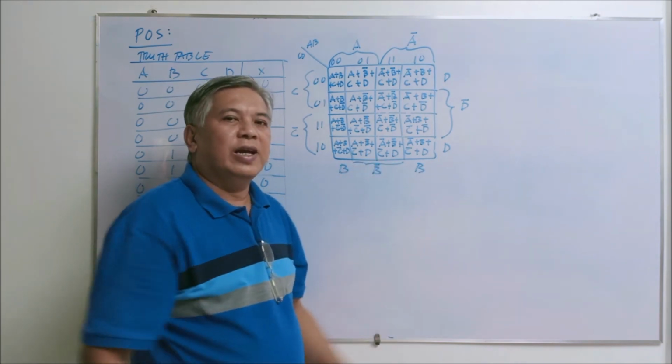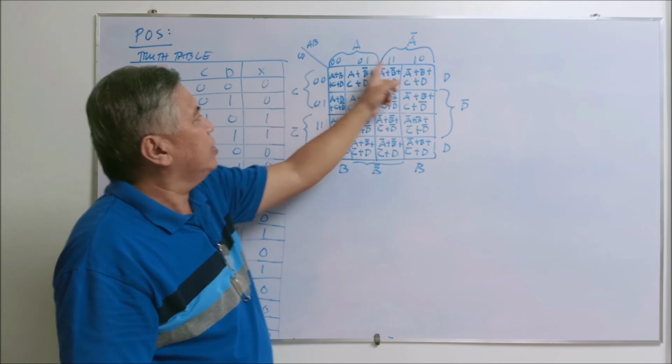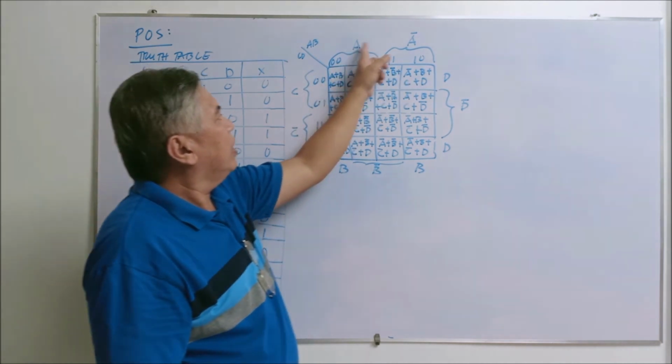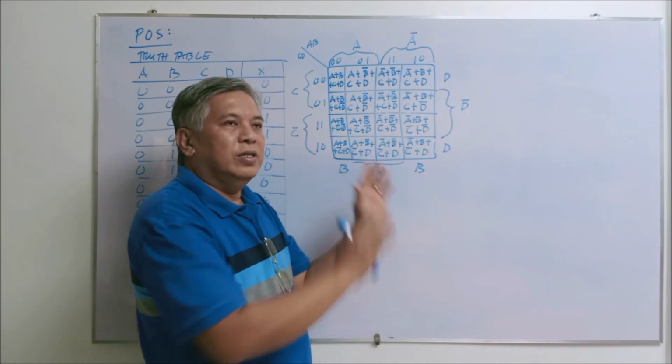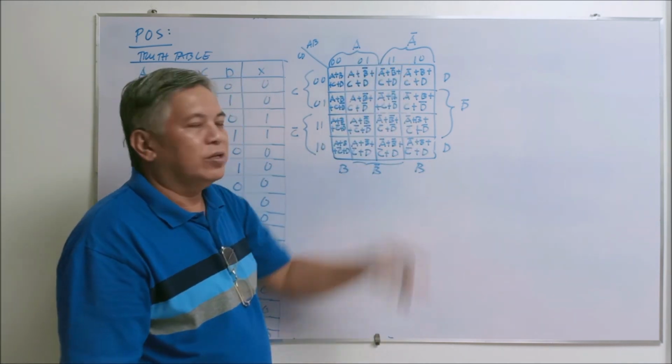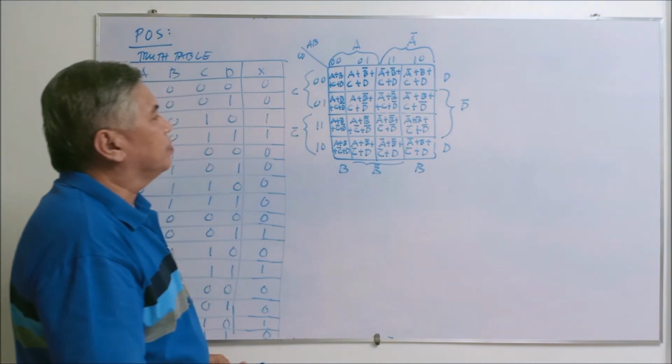So they are reversed. Even if the values of your A, B, C, D are the same, the variables are located in the opposite way to that of the sum of product expression.